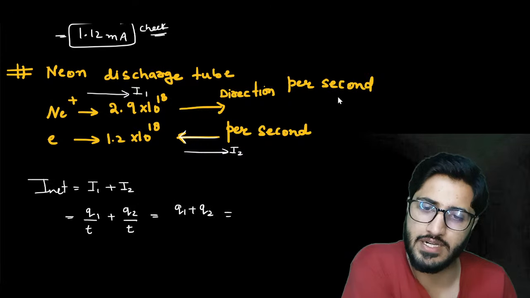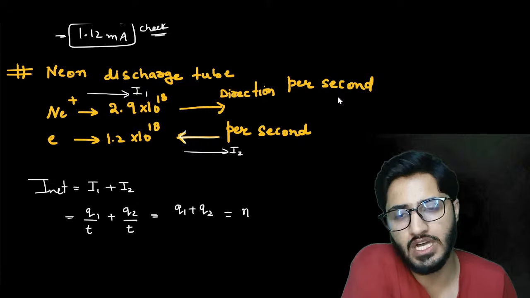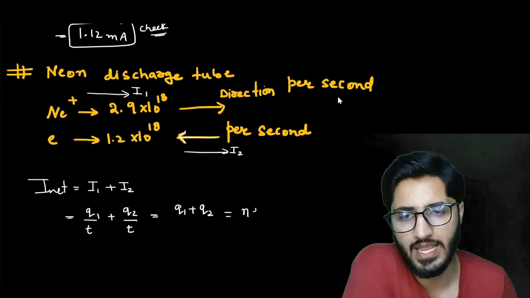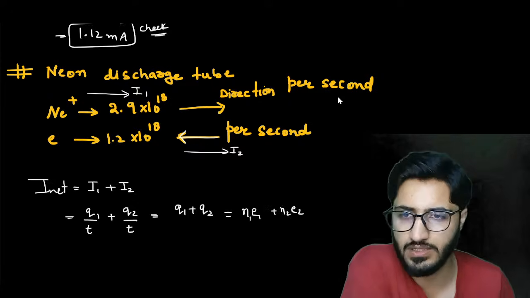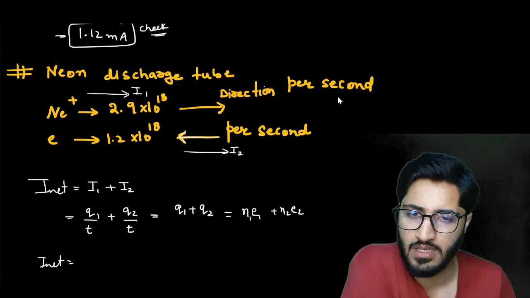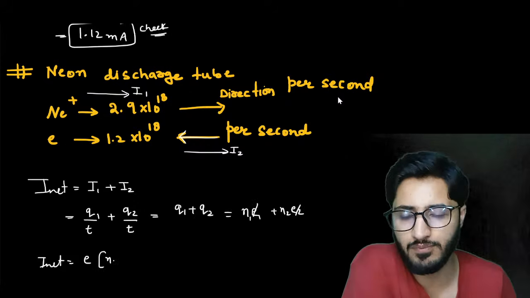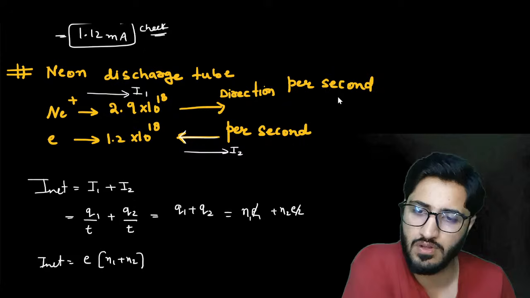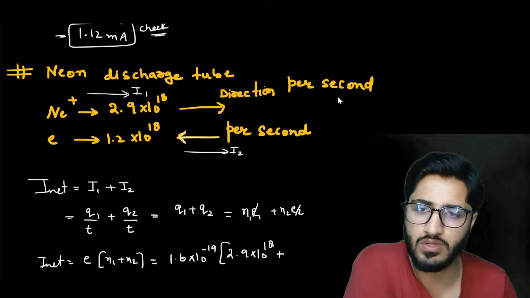It is number of N and charge, N1 E plus N2 E. So I net: charge is same, I will take E common. Then I have N1 plus N2. What is E? 1.6 10 to the power minus 19. N1 is 2.9 10 to the power 18. N2 is 1.2 10 to the power 18.